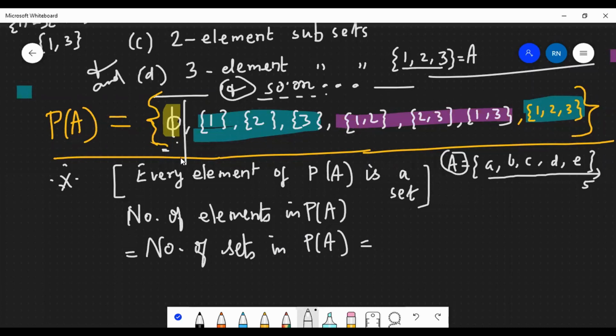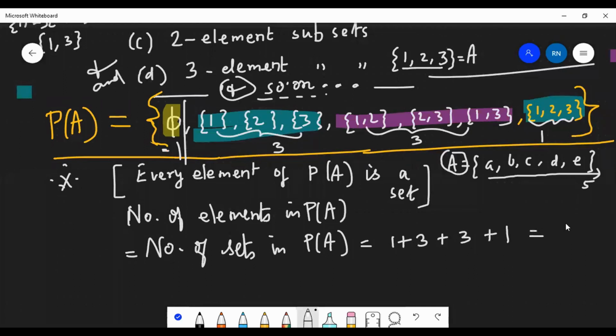Empty set is 1, singletons 3, 2 element subsets 3, 3 element subset 1. So it goes 1 plus 3 plus 3 plus 1. That makes the whole thing 8.